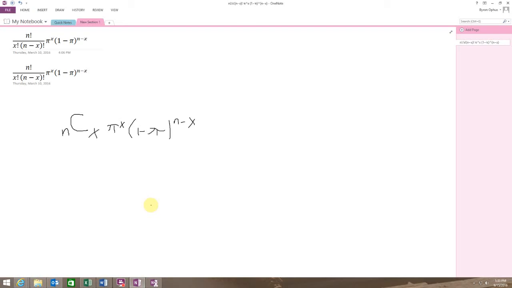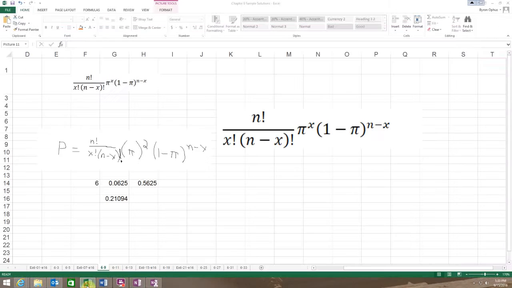It'd be on 183, but they've written it out like this, right? We've got the combination of n choose x, and pi to the x, multiplied there between those, times 1 minus pi to the n minus x. If you write that out otherwise, and I've done that up here, you change that combination.